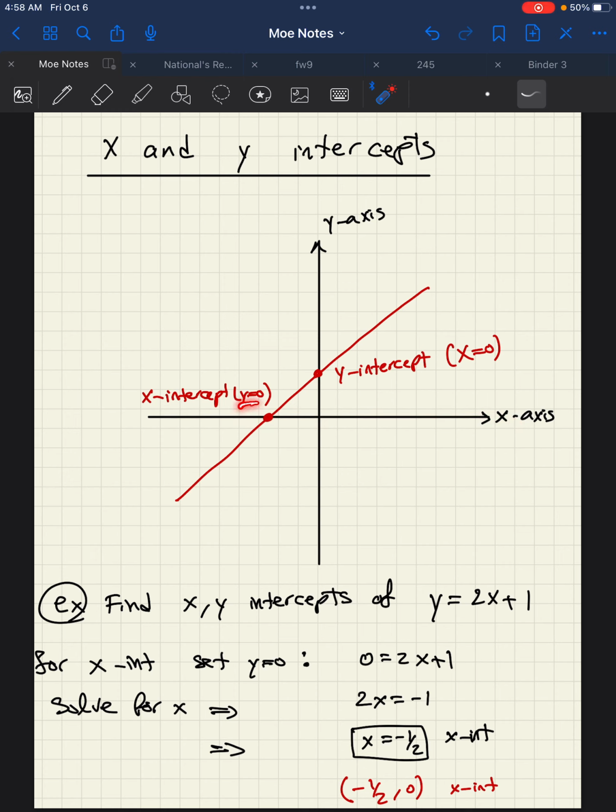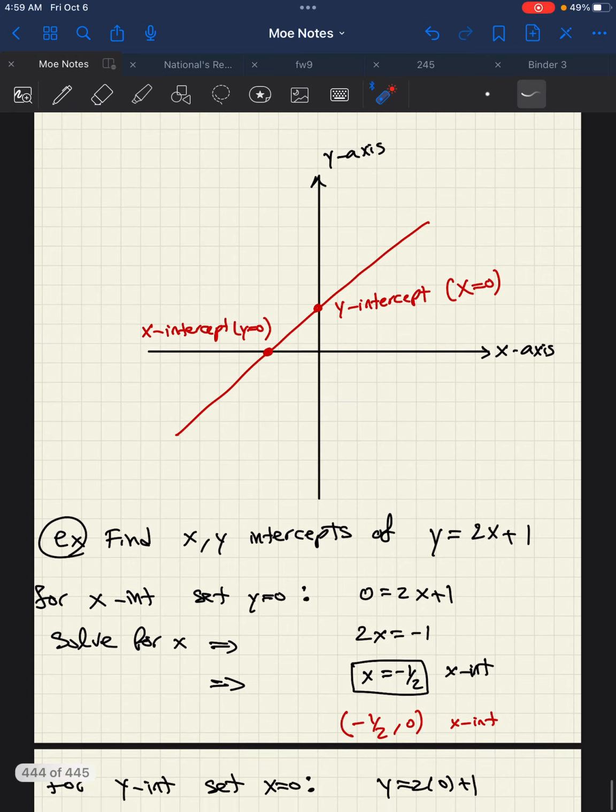So at y equals 0, you will find the x-intercept. If you set your x equals 0, this is your x equals 0 line, you will find this point. So the characteristic of an x-intercept is that its y is 0. The characteristic of a y-intercept is when x equals 0.